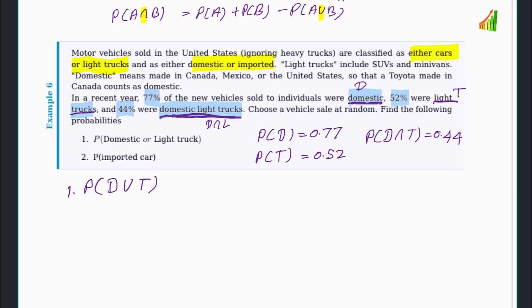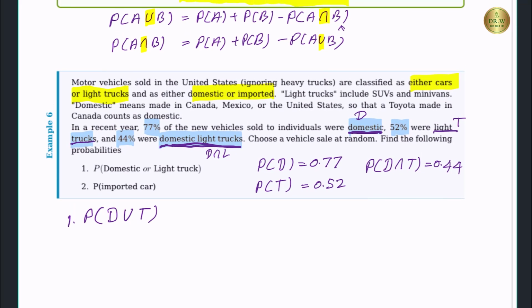So what is the equation we use? We need to find the union, so we use the first equation. Both are the same, but isolate the union part.